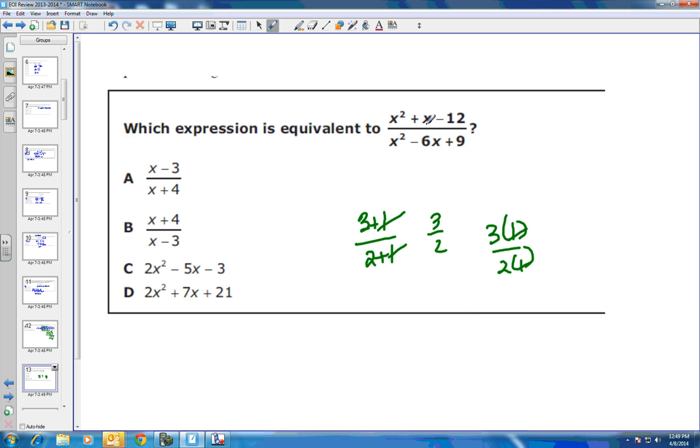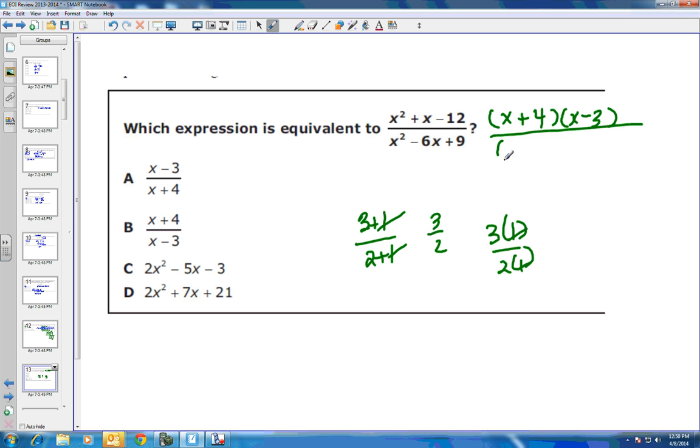All right, so on this problem, your first thing, factor. Okay, so look at the top. Are my signs the same or different? They are different. One's plus, one's minus. I need factors of 12 that when I subtract them, I get 1. 4 and 3. The 4 will go with the plus because I want a positive x.